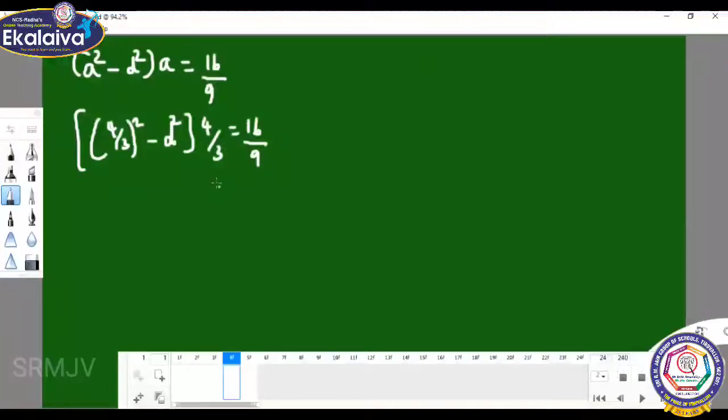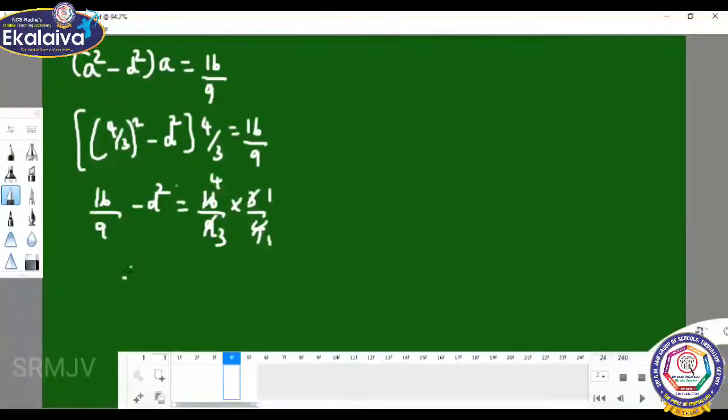So 16 by 9 minus D square equal to, it is in a product form, so 16 by 9 into 3 by 4. 3 ones are 3, 3 threes are 9, 4 ones are 4, it is 4 by 3.